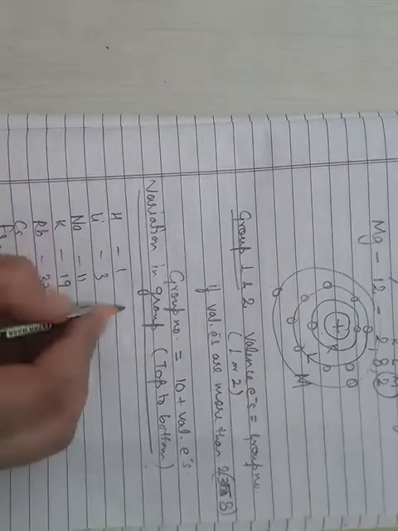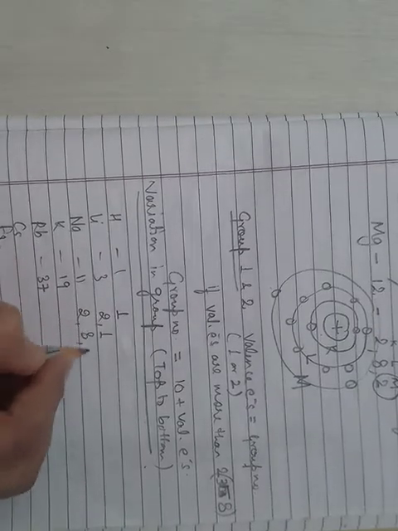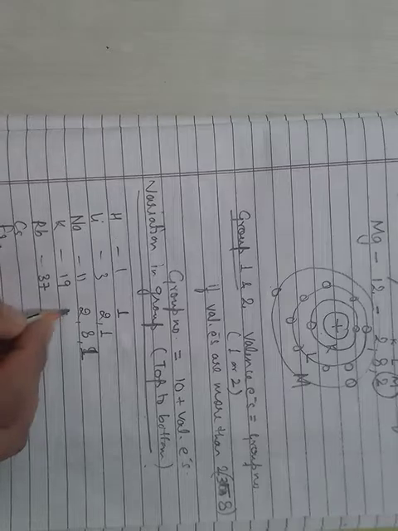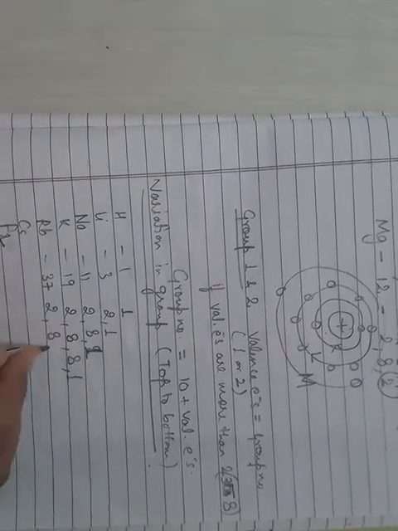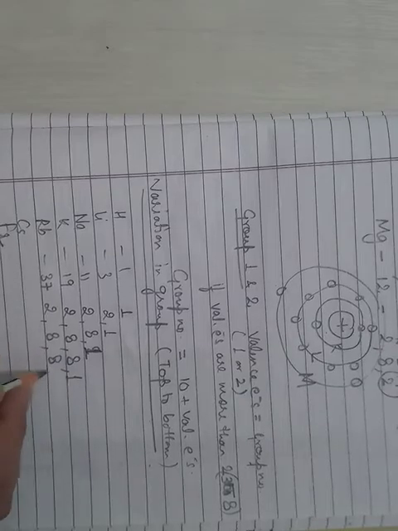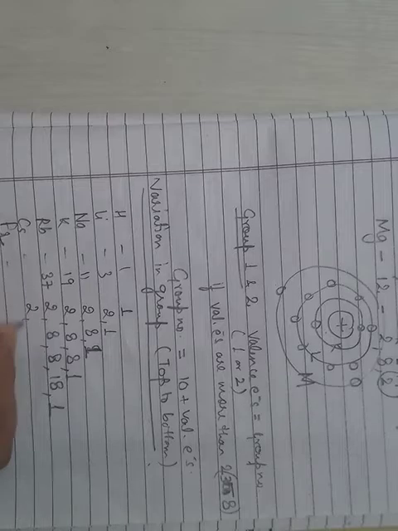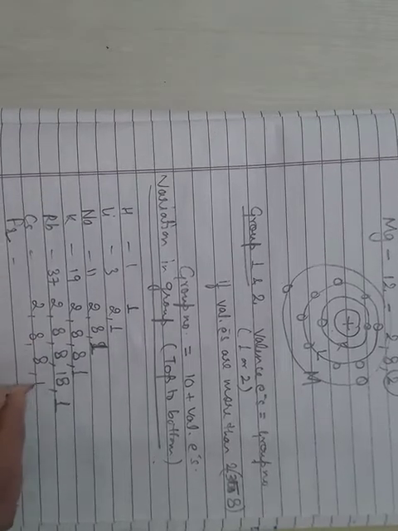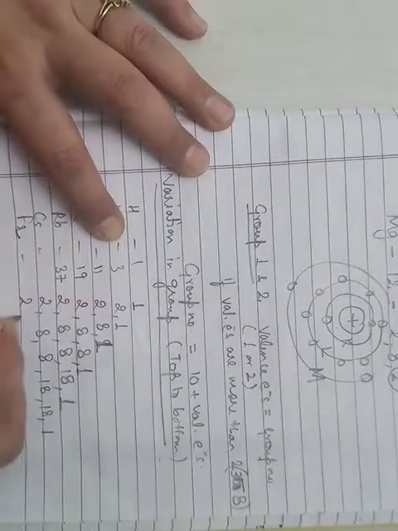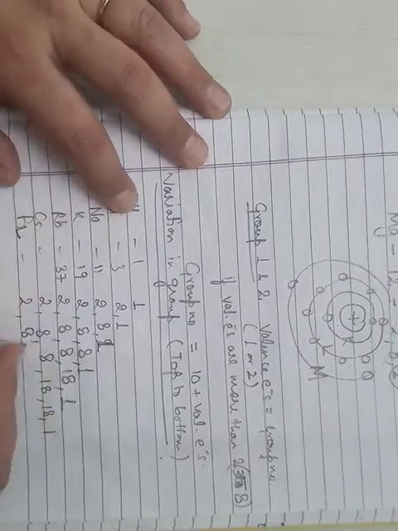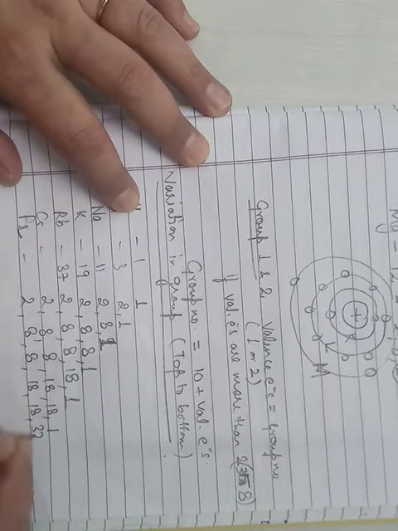Now write their configurations: 1; 2, 1; 2, 8, 1; 2, 8, 8, 1; 2, 8, after third period you know it comes 18 at once; and in the same way theirs will be 2, 8, 8, 18, 18, 1; 2, 8, 18, 18, 32, 1.